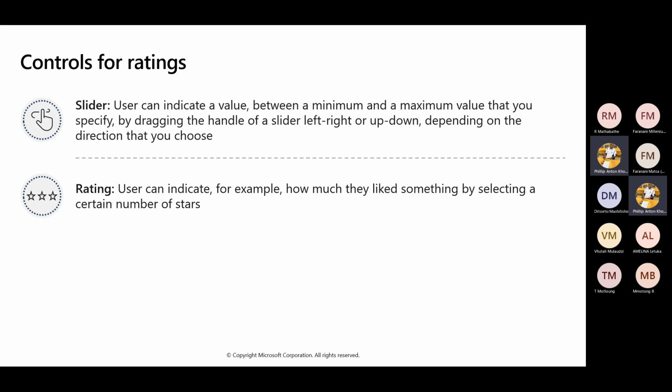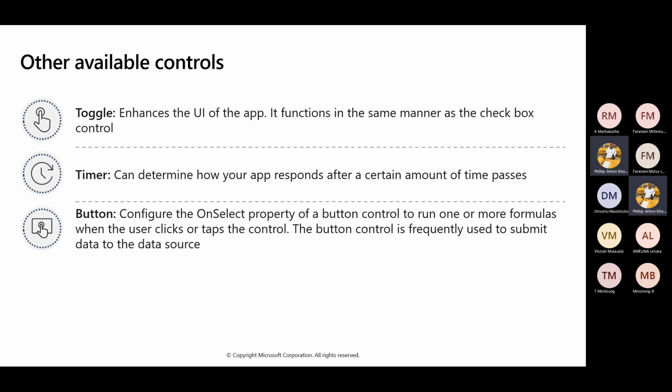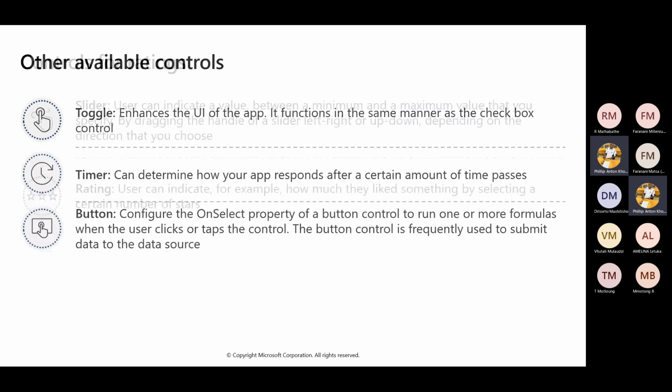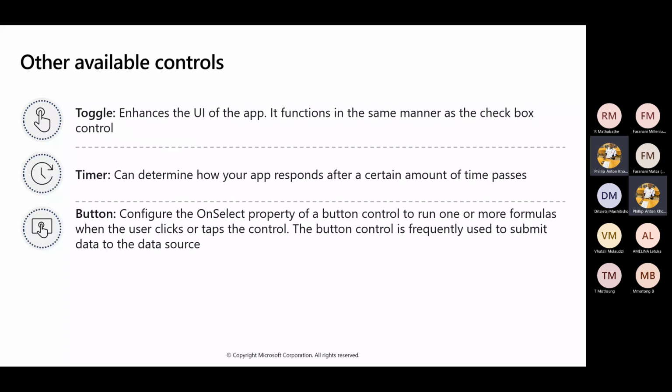And then we have rating, where users can indicate, for example, how much they liked something by selecting a certain number of stars. Rating is also referred to as star rating.